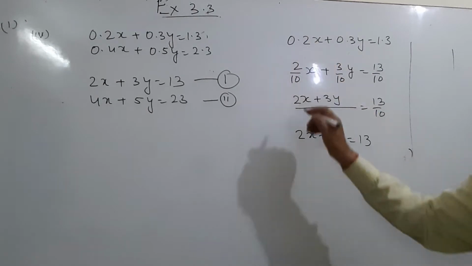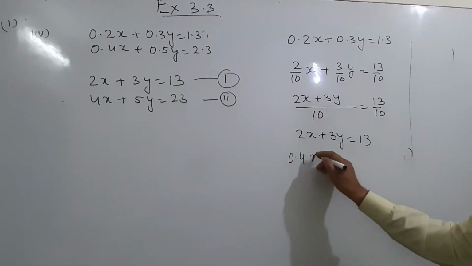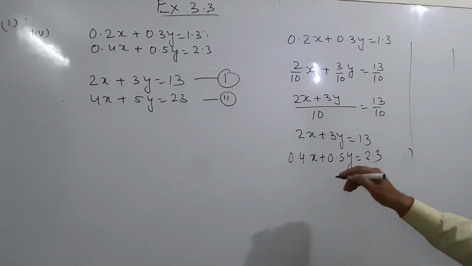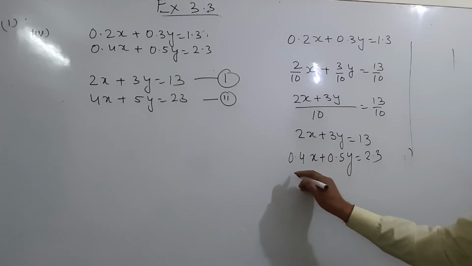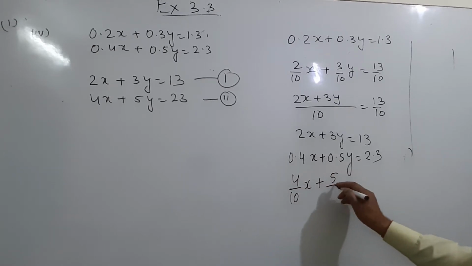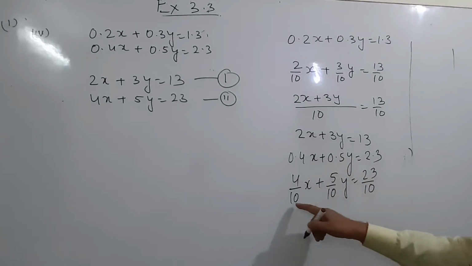Then the second equation, 0.4x plus 0.5y is equal to 2.3. We have to eliminate the decimal. So 4 upon 10 x plus 5 upon 10 y is equal to 23 upon 10.